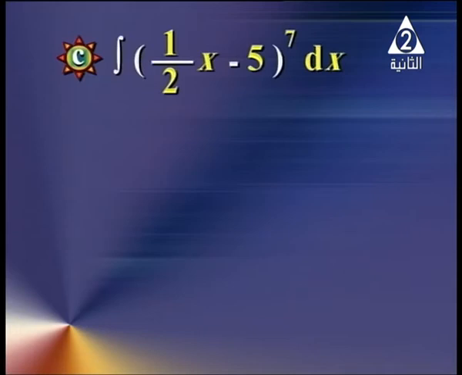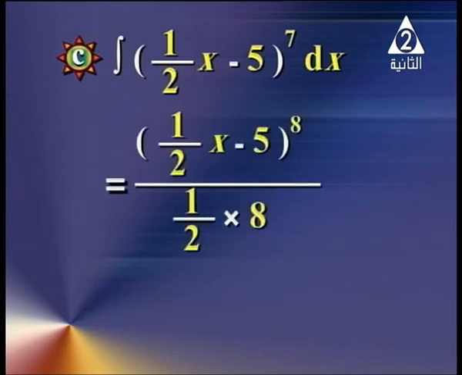Number C. What is the integration of half x minus 5 all power 7 dx? Excellent student, by using the same method, we increase the power 7 by 1. Then half x minus 5 all power 7 becomes half x minus 5 all power 8, divided by the new power, which is 8.